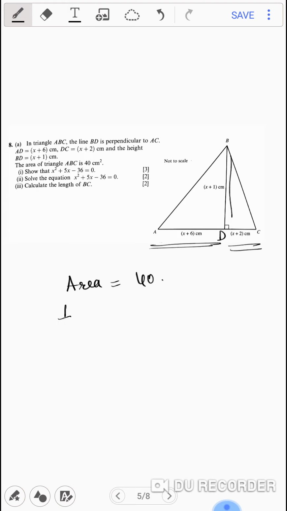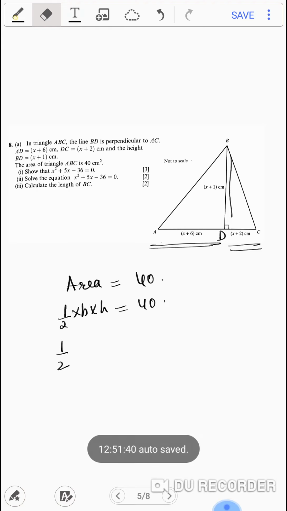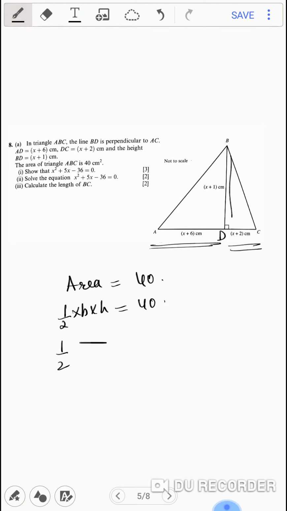Area, we know that it is half base into height. So that is given as 40. Half, the base is x plus 6 plus x plus 2 and the height is x plus 1, and that will be equal to 40.